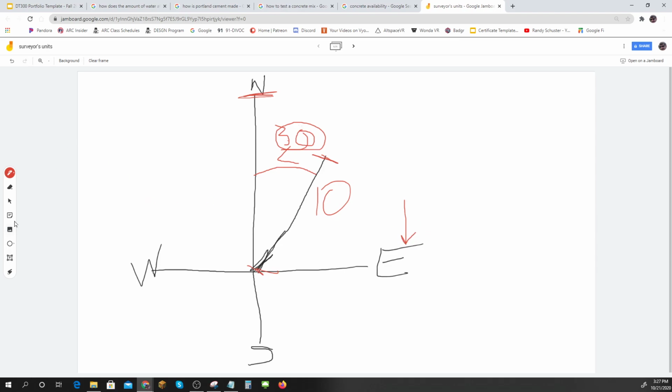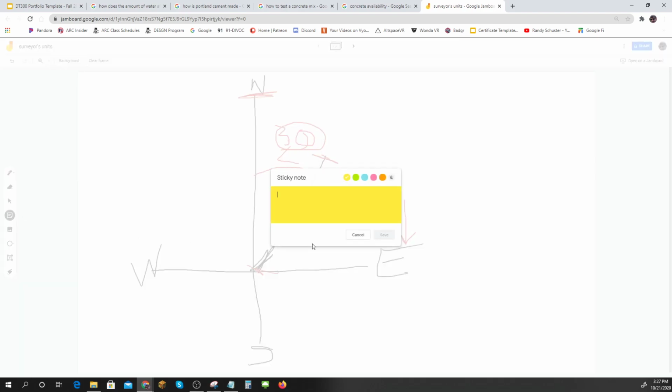So if I wanted to write that, I would write it as from where I'm at, 10 feet. I don't need the foot symbol necessarily if my units are decimal feet. Then I use that angle symbol. Then I have to say I'm starting out facing north, and then I'm going 30 D for degrees, and I'm turning east.